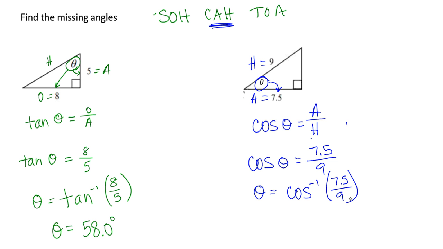And again, use your calculator, use Desmos. I'm going to use my calculator sitting right here. Looks like it's 33.6 degrees. So much easier with the inverse ones. Finding the angles is much easier.